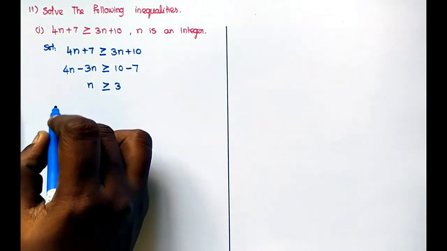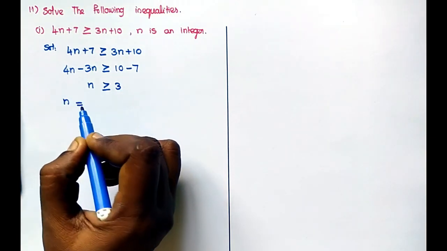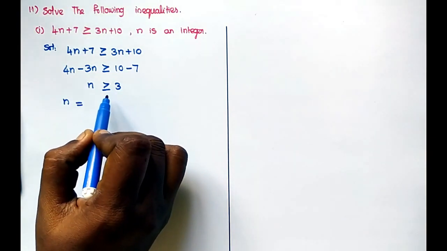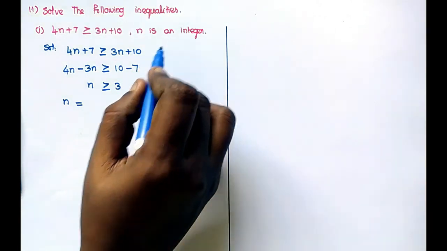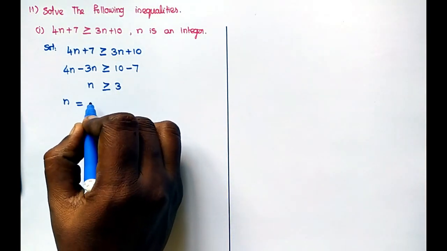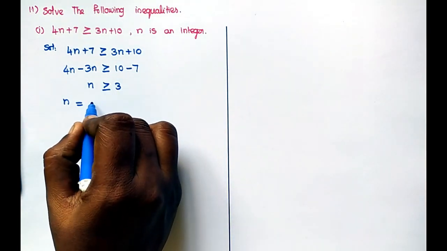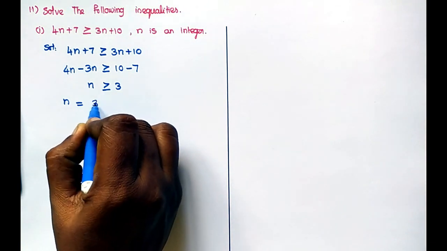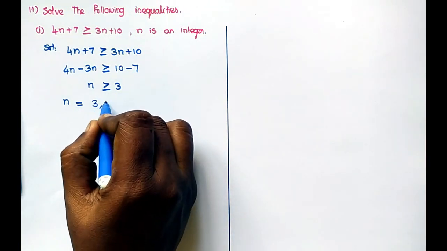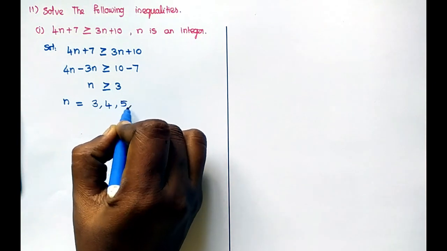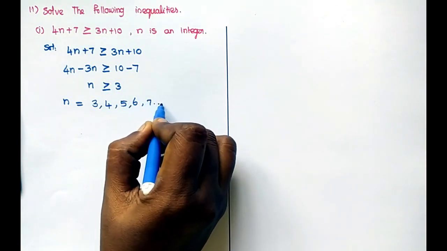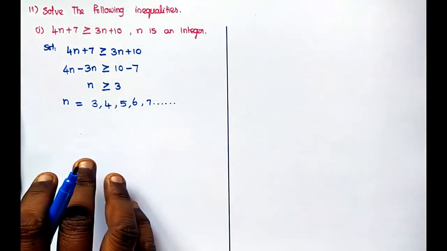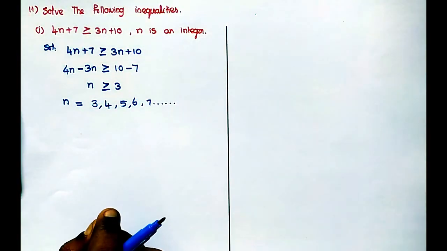Now 4n minus 3n, 1n, is greater than or equal to 3. Here integer they have given, so 3 also will come, 4, 5, 6, 7, etc. So that is the value of n.